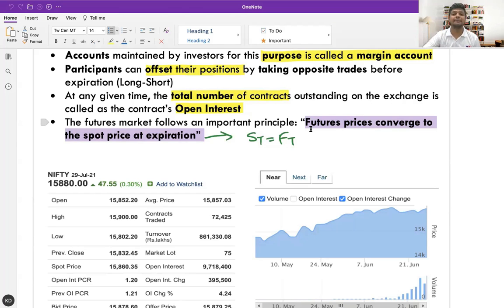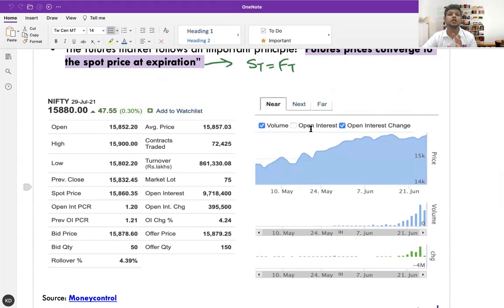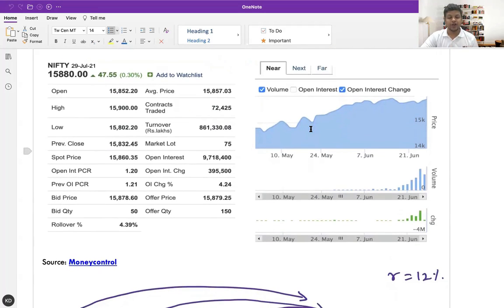Now I've put a snapshot of how a future contract looks. You can probably connect to the link and see. If you look here, this contract is for 29 July 21. This is where the contract is going to end. Right?